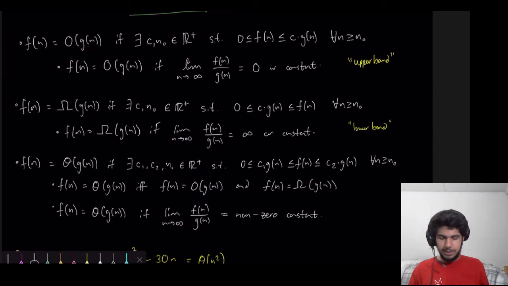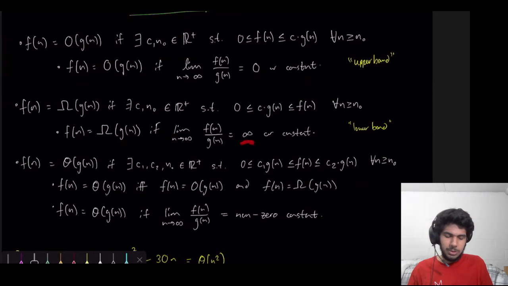And by the limit definition, if you take the limit as n approaches infinity of the quotient and it's equal to a non-zero constant, then it's big theta. And that comes from the fact that it has to be both big O and big omega. And if we look here, big O is when the quotient equals 0 or a constant.